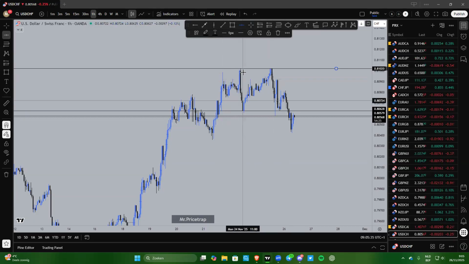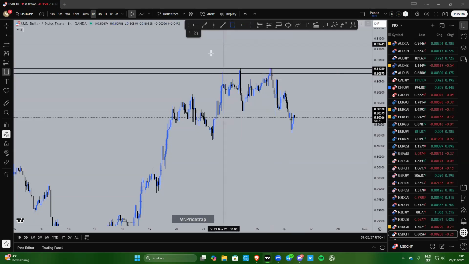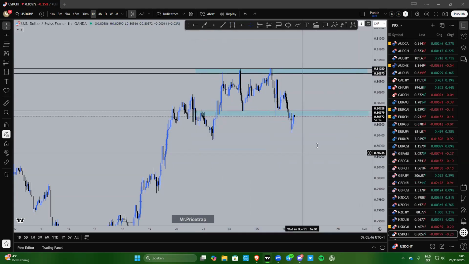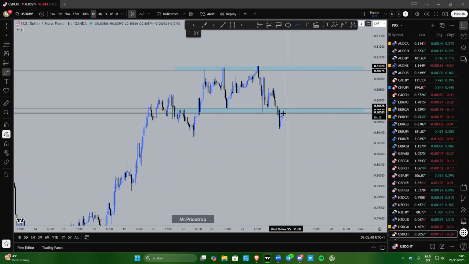Excuse me. There we go. So maybe get the market a little higher to then drop further and attack this low here. Something like that.